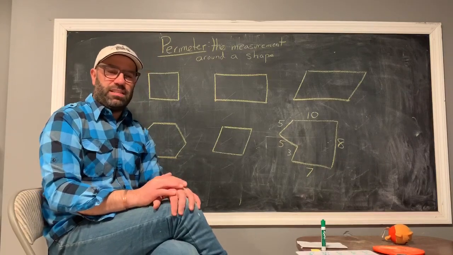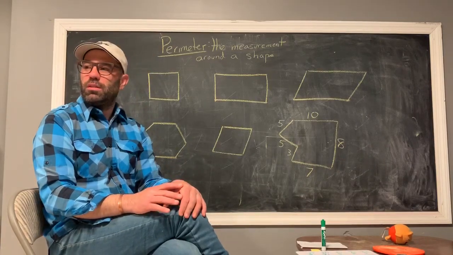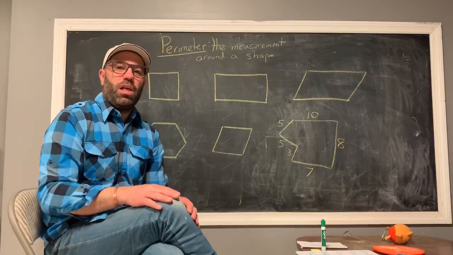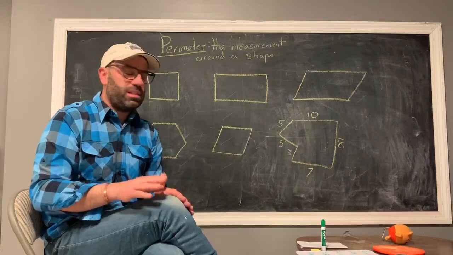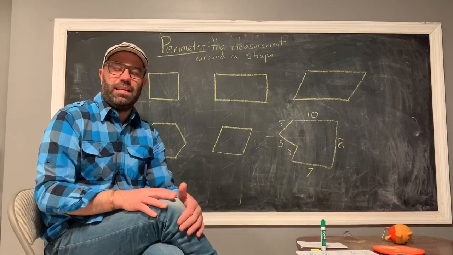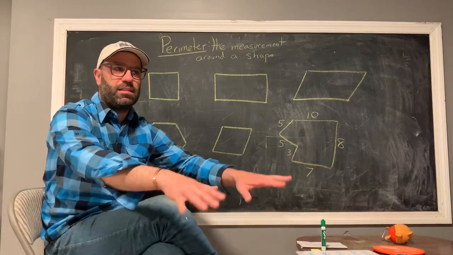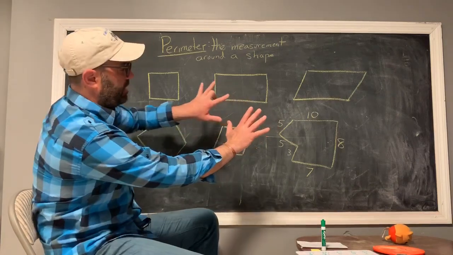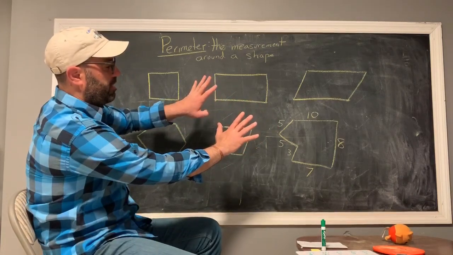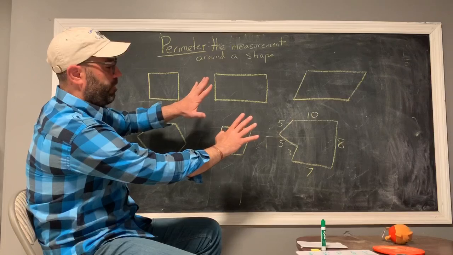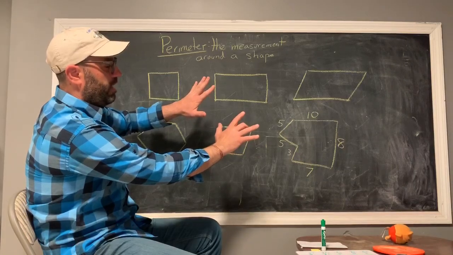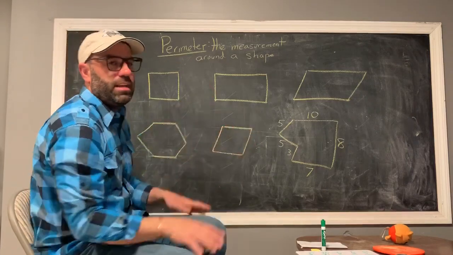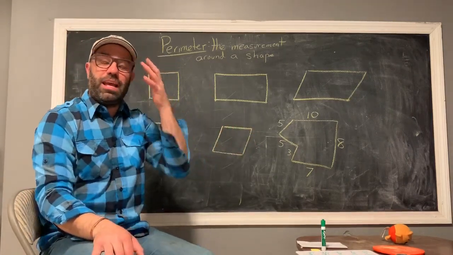70, 77, 84. 8 and 8 are 16, 24 and 32, 40, 48, 56, 64, and 72, 80, 88, 96. Let's go 9s. 9, 18, 27, 36, 45, 54, 63, 72, 81, 90, 99, 108.